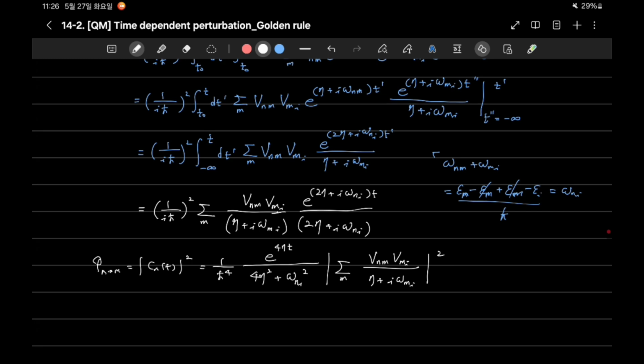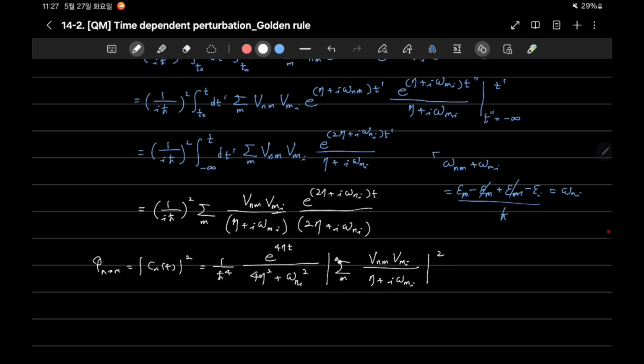Here it is not a multiplication of the complex conjugate term by term, because the summation over m applies to all these terms.